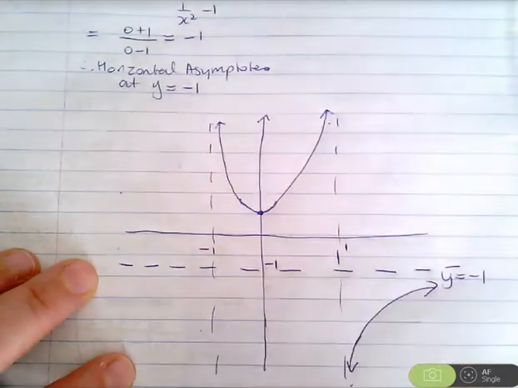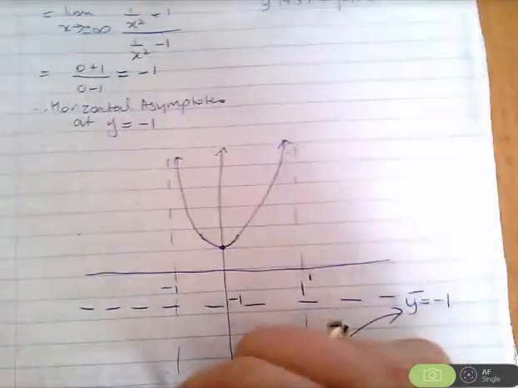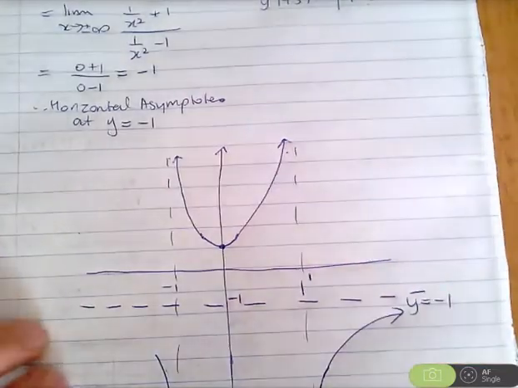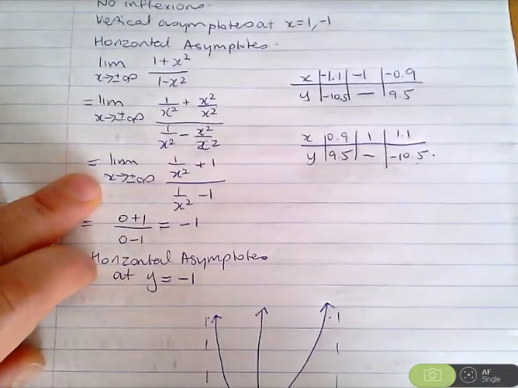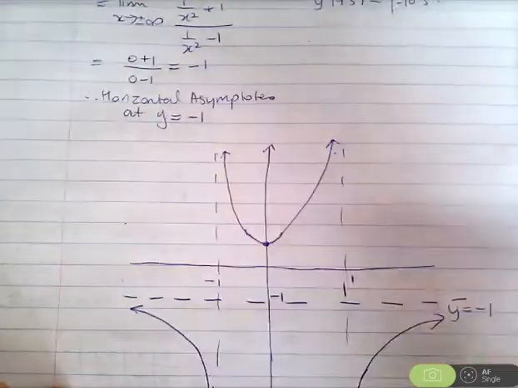We know that when x is negative 1.1, y is negative 10.5 down here. And when x approaches negative infinity, y also approaches negative 1, so it must approach it from below.